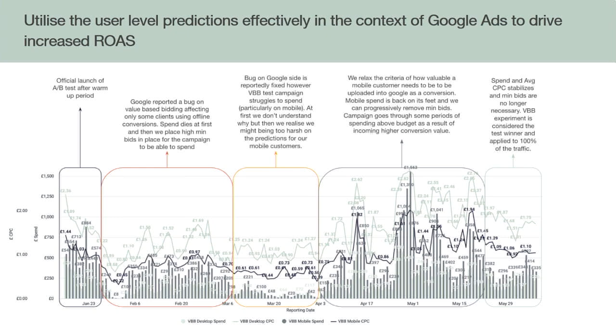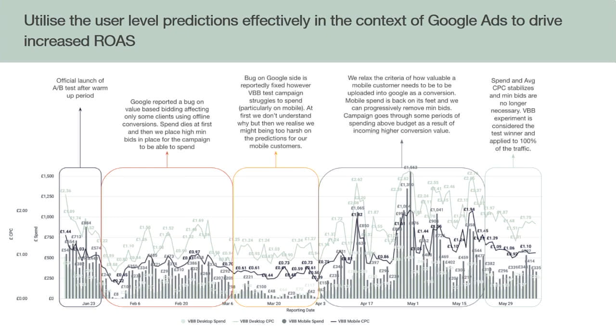Half of the campaign was on the manual settings, half of the campaign was using VBB, and we hoped for the best. We had roughly 2 weeks of stable CPCs and spend on both mobile and desktop, but suddenly within 2 weeks spend vanished, and Google eventually reported a bug on their side in the way they were dealing with offline conversions.